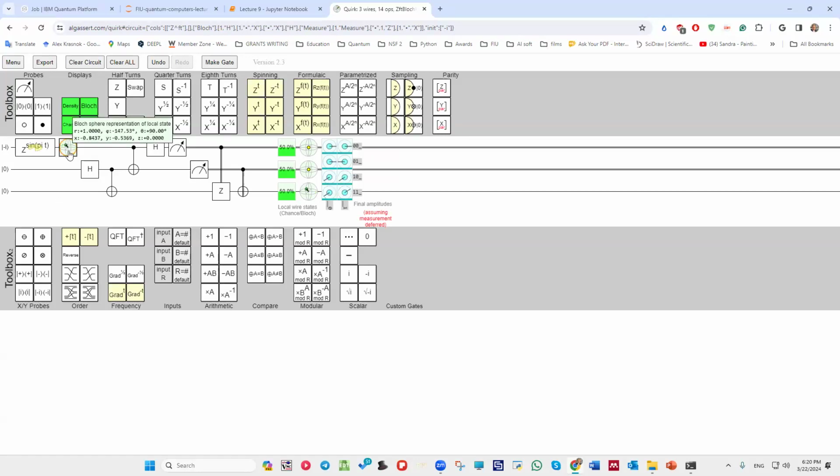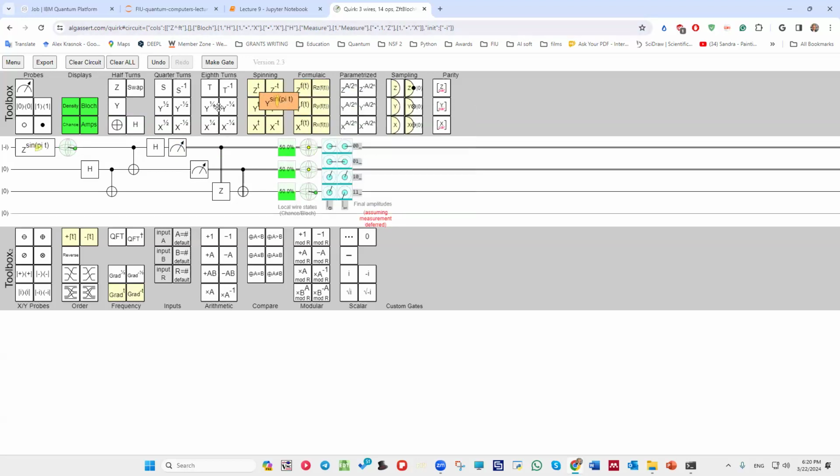So as you can see now, Alice's state rotates in time, but the state of Bob's qubit is exactly the same as that one, right? Exactly the same.